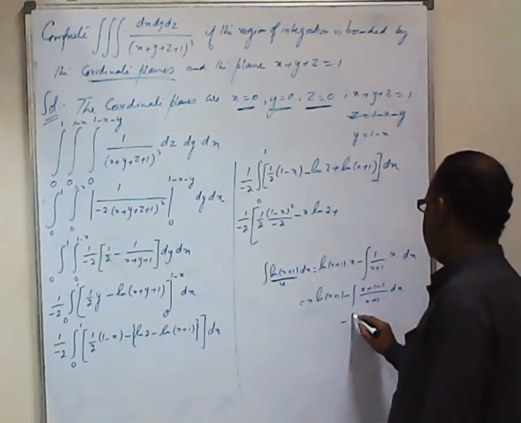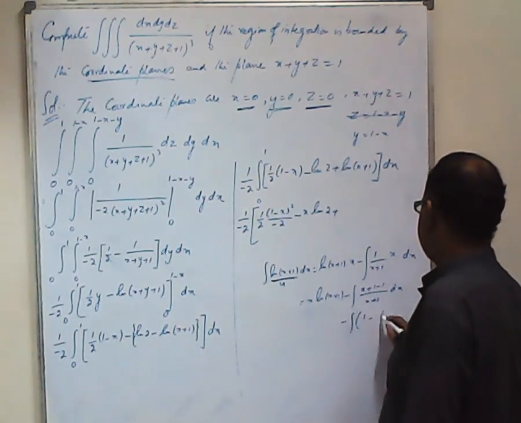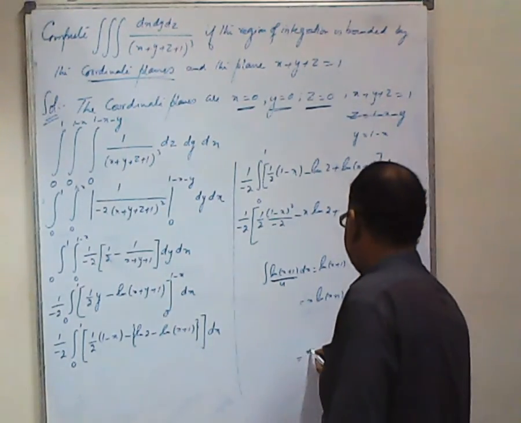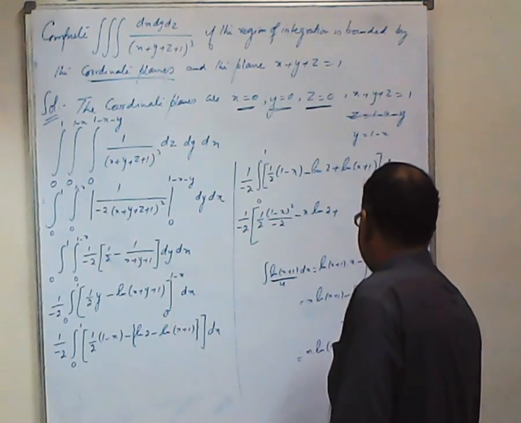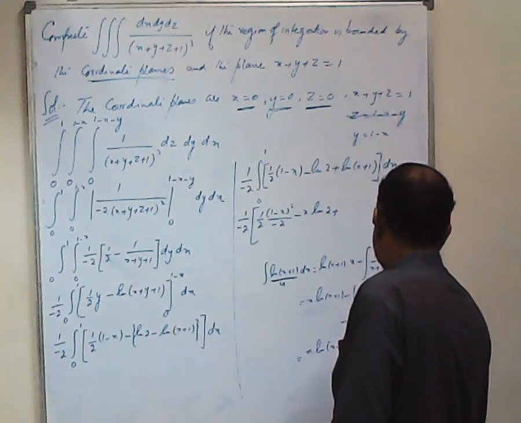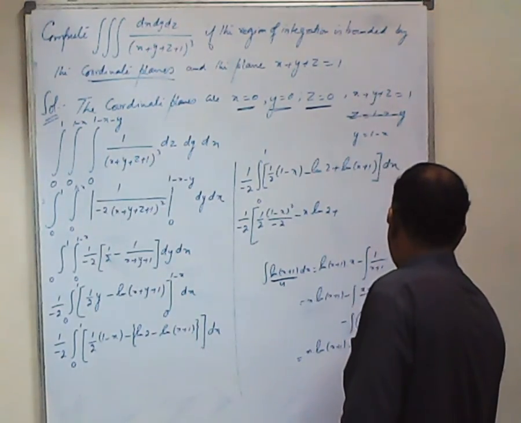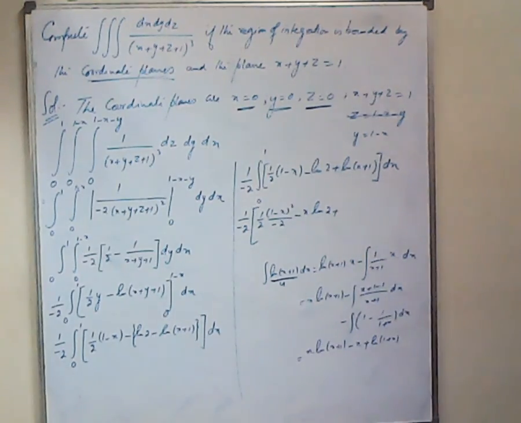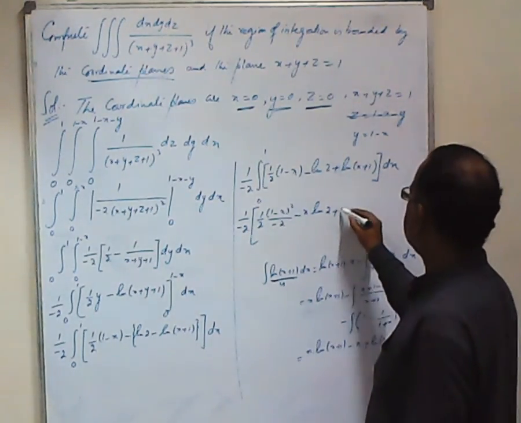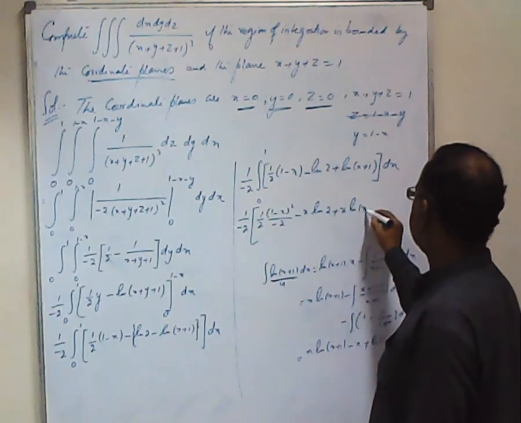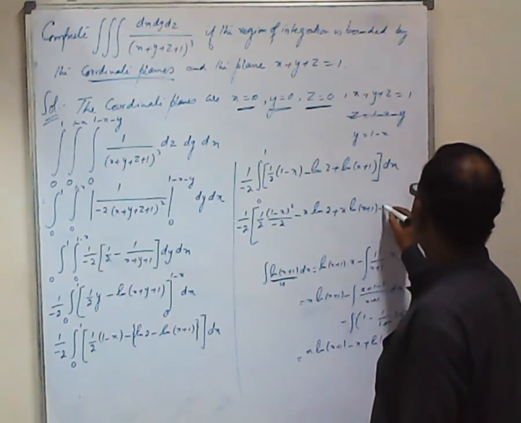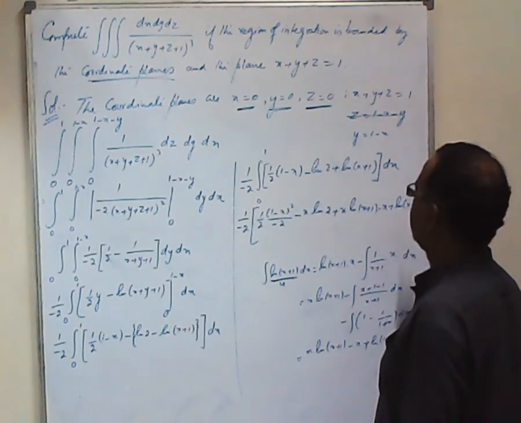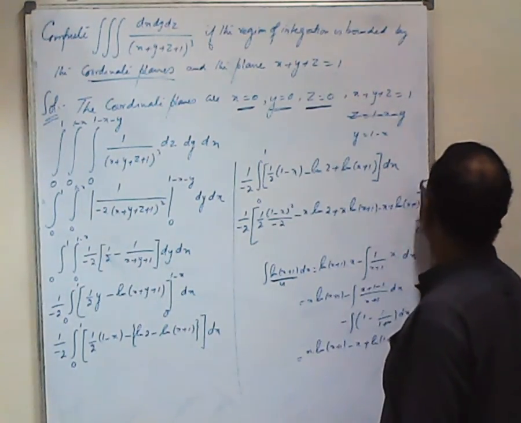So this will become minus 1 minus 1 upon 1 plus x dx. So what we have, x into log x plus 1 minus x plus log of 1 plus x. So it means we have plus x into log x plus 1 minus x plus log of x plus 1, and then we have limits 0 to 1.